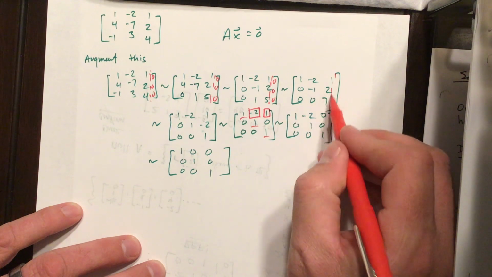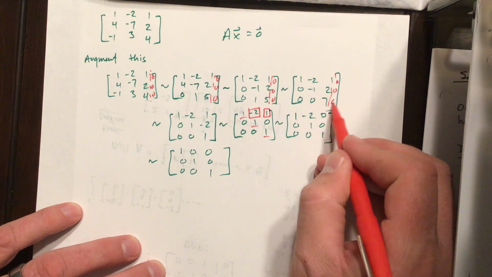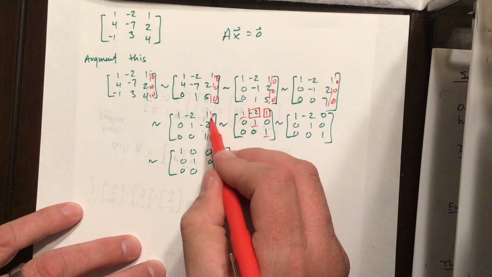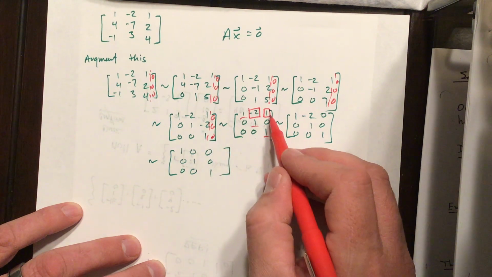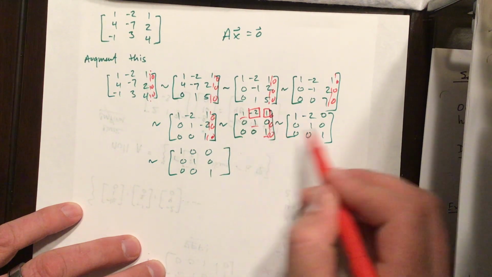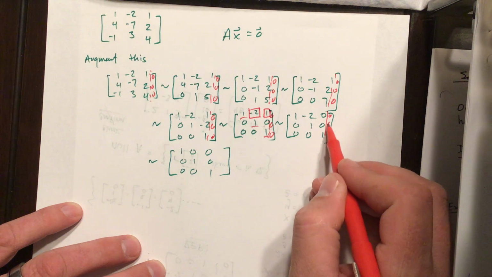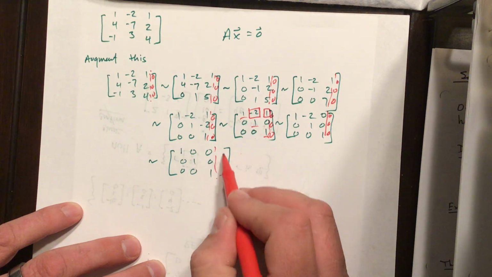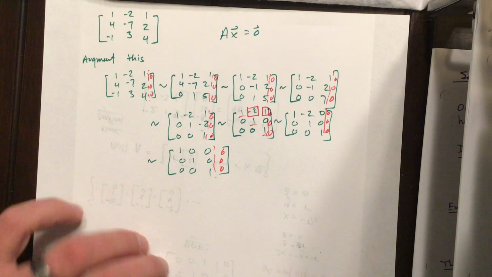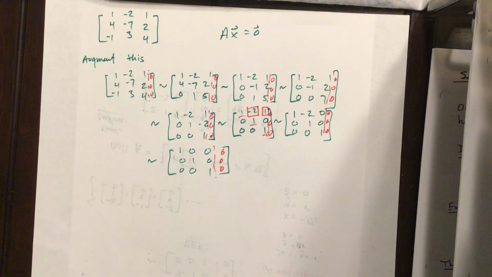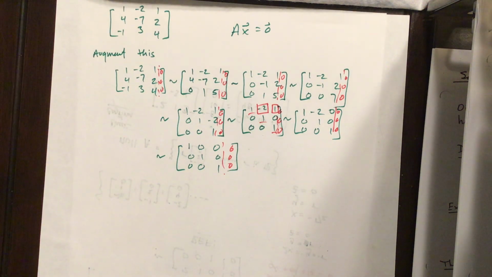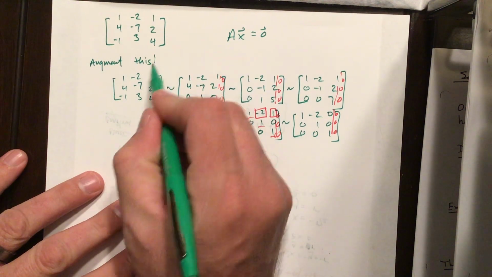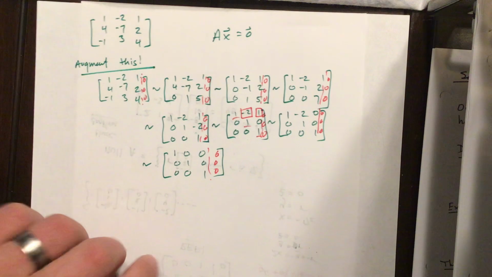Nice thing is, because it's a zero vector, every time I scale and combine, I'm getting zeros. That would not be true if this weren't the 0, 0 vector. Okay, so I told you I was going to augment this and I didn't do it. Sorry about that. All right, there we go.